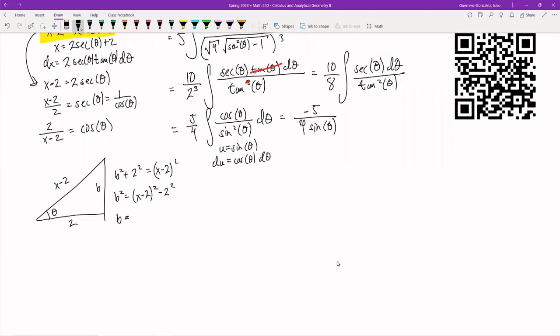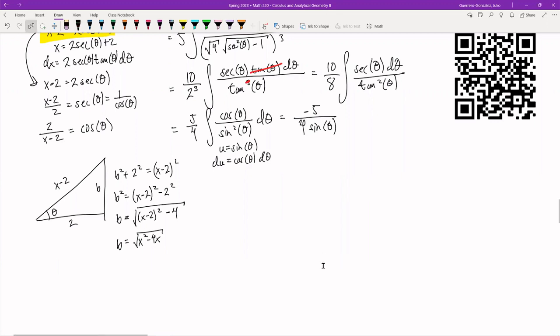B is going to be the square root of that, minus 4. Okay, and if you remember, right, that thing is also the square root of x squared minus 4x. If you simplify it all down, right?